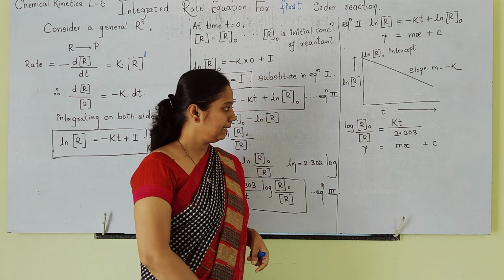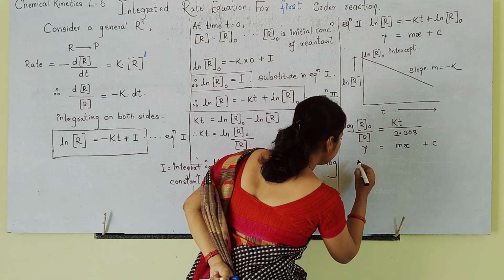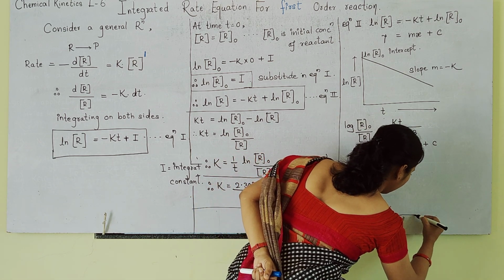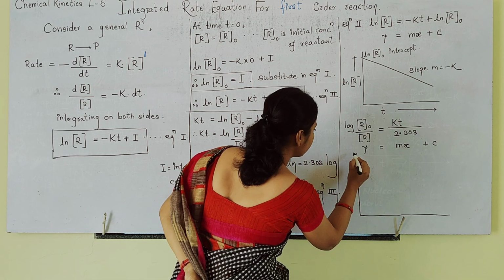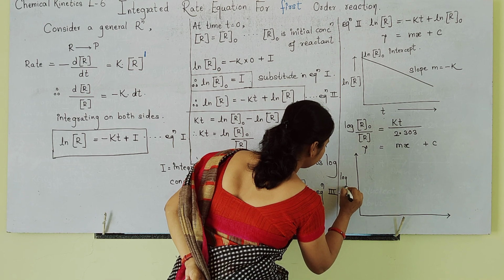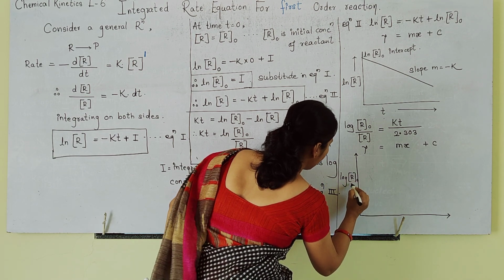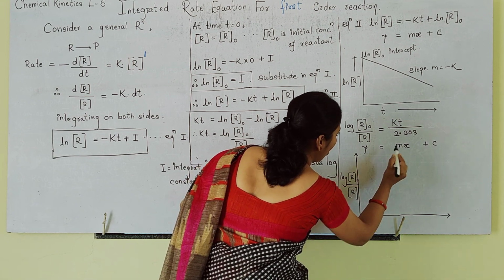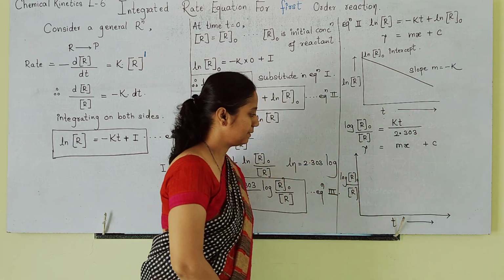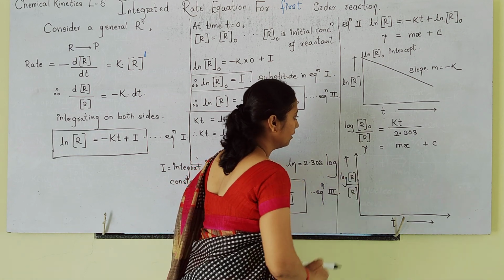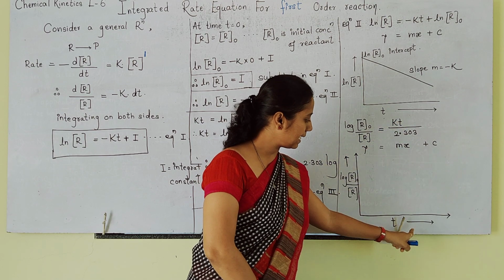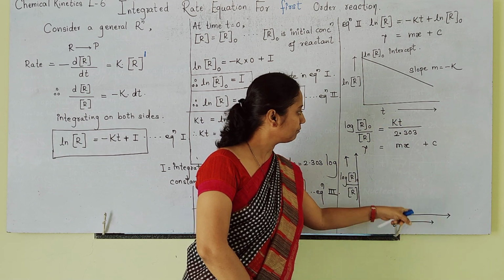Let us plot the graph. On the y-axis I am taking log of r naught by r. On the x-axis we are plotting t. See properly. Log of r naught by r versus time t.